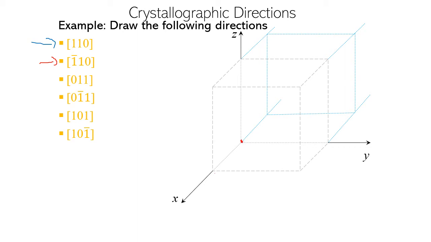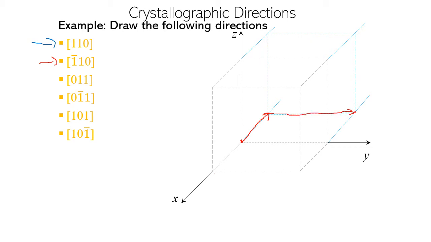So again, this is the origin. 1 bar means we have to move one unit cell edge length along the negative x-axis, and from there we have to move one unit cell edge length along the positive y-axis. So let us do that. So one unit cell edge length along the negative x-axis, and from this point we have to move one unit cell edge length along the positive y-axis.